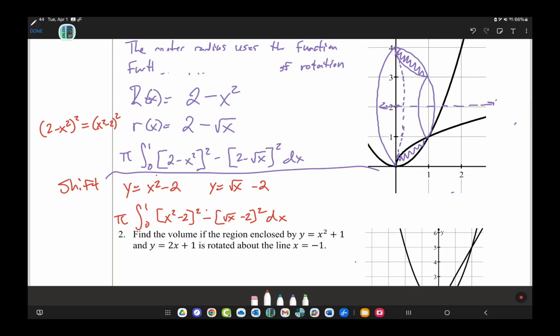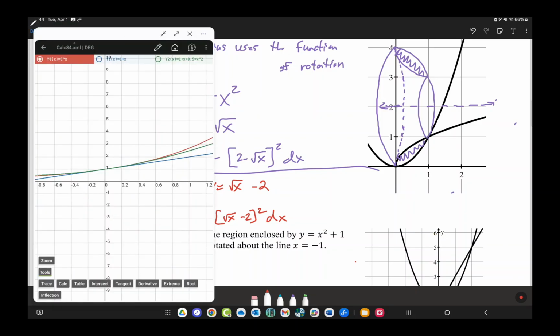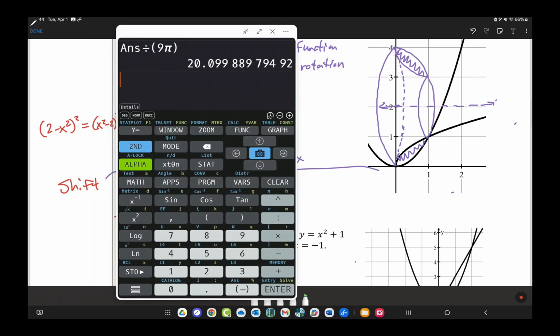Just to show you both will give you the same answer. Let's clear this.